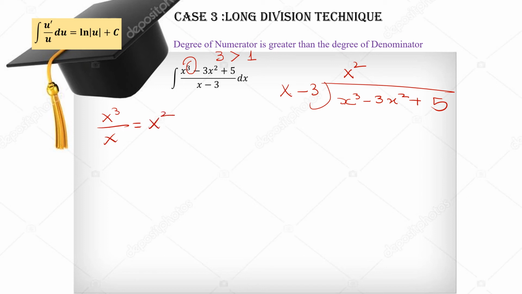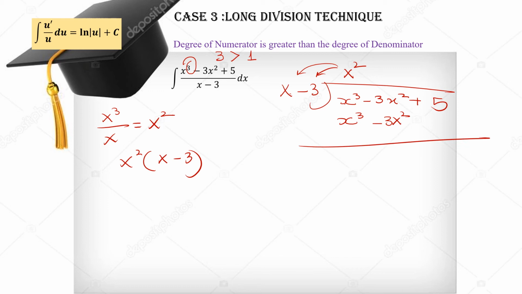You will write it on the top, multiply one by one with the divisor, you will get x square times x, x cube, minus 3 times x square gives you 3x square. Now you will change the sign, and minus 3x square plus 3x square also cancel, and you will get 5.